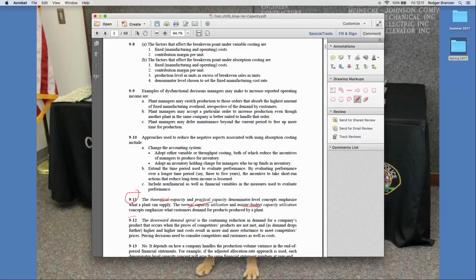The downward spiral, or sometimes called the death spiral, is that as my sales decrease, my denominator decreases. So that means I have fewer units to allocate that fixed manufacturing overhead over. So in fact, my cost per unit begins to increase.